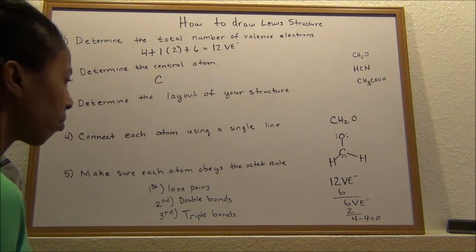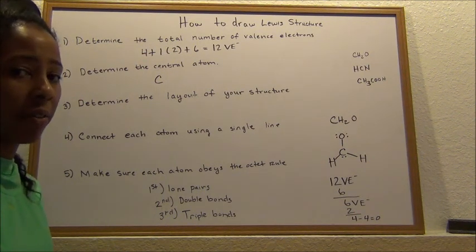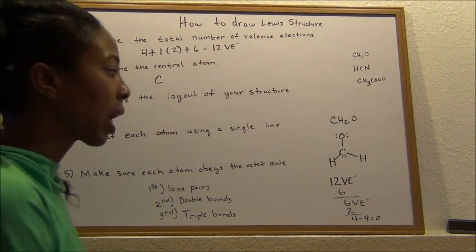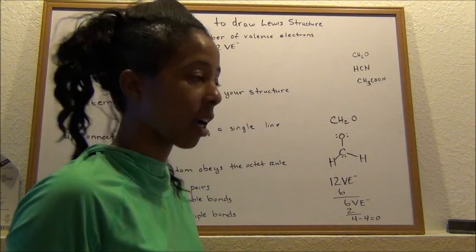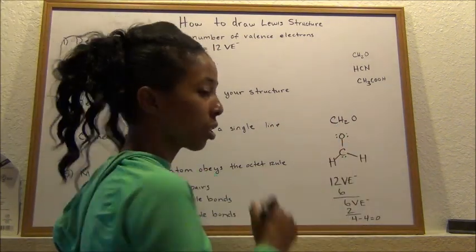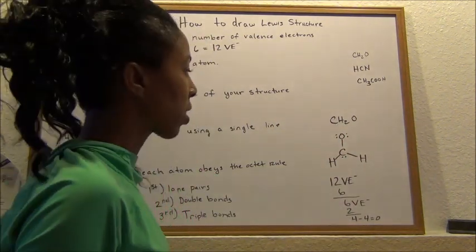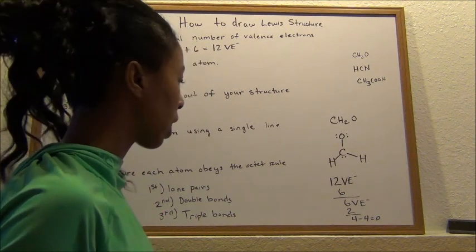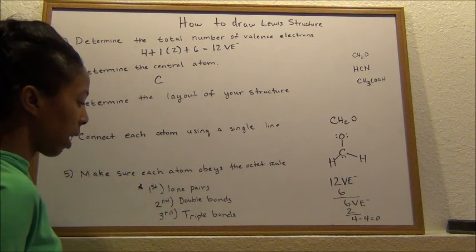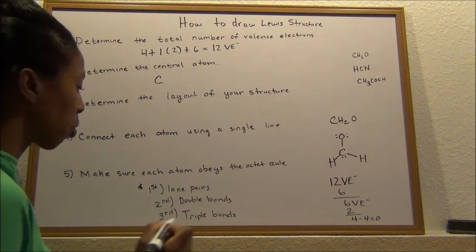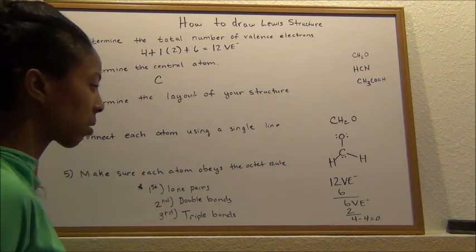So now I've tried to make everything obey the octet rule by using lone pairs. First, carbon obeys the octet rule, but oxygen does not. So that's kind of a problem here. So since I've used up all my lone pairs of electrons, now I'm going to go to double bonds.